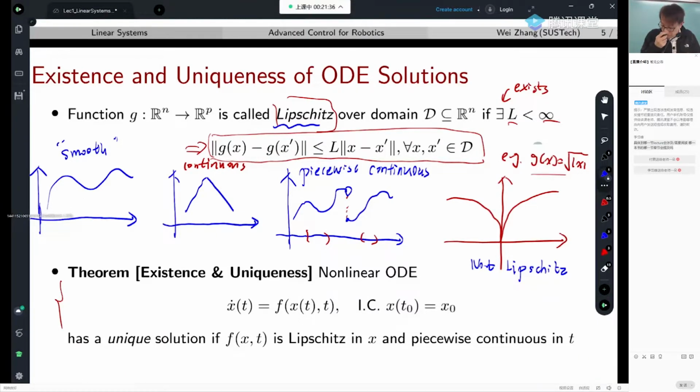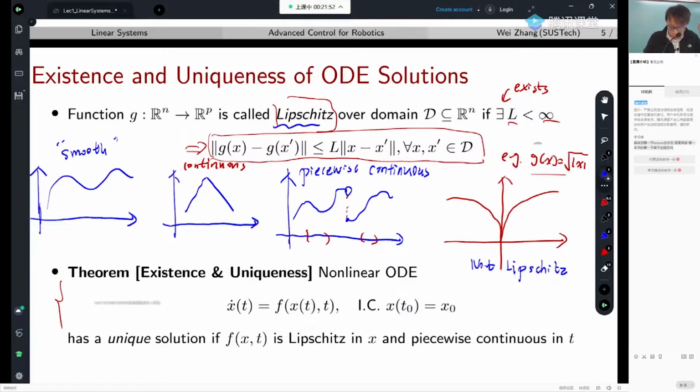Why? Because around here, as you get closer to the origin, the slope of your function change becomes infinite. There's no single bound.